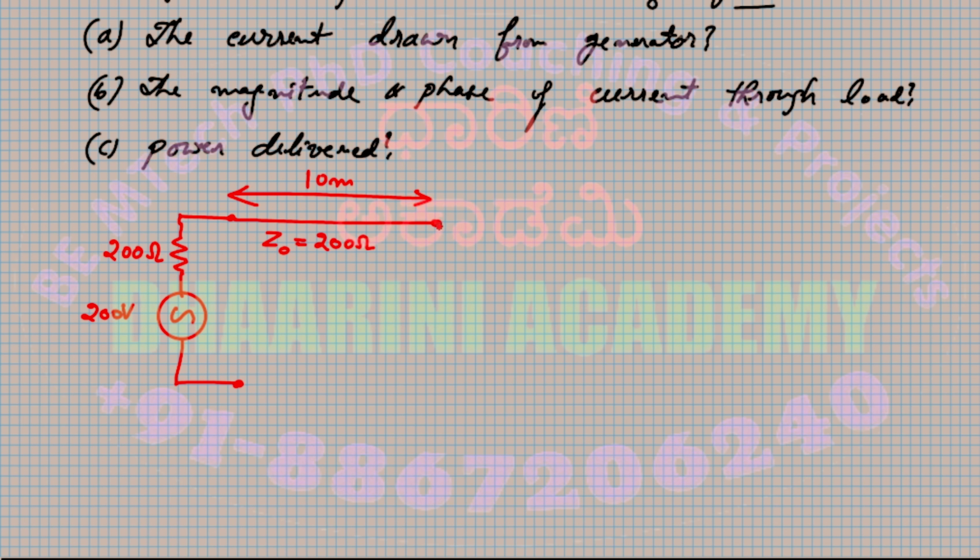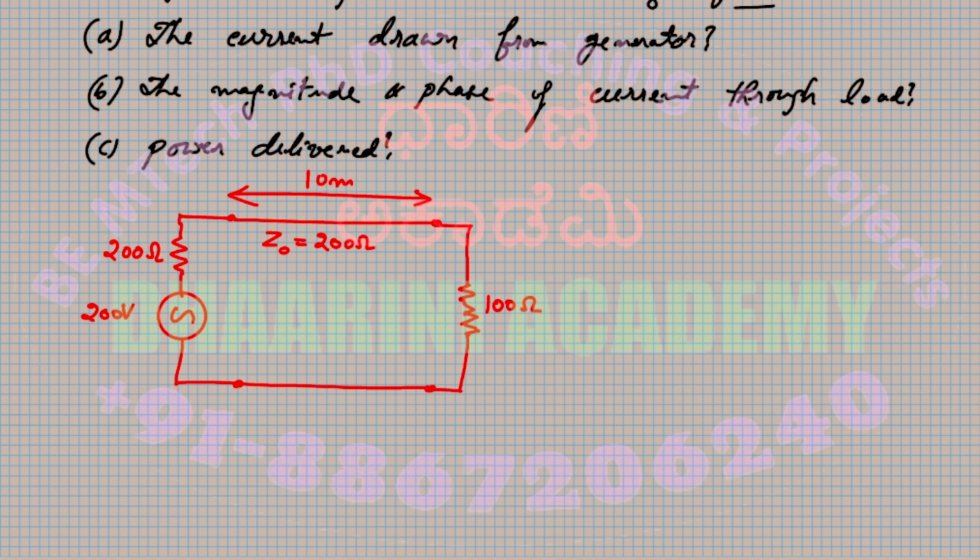Then we connect that to a load. So there is a load, and the value is given: it's connected to a resistive load of 100 ohms. Are you okay with this?